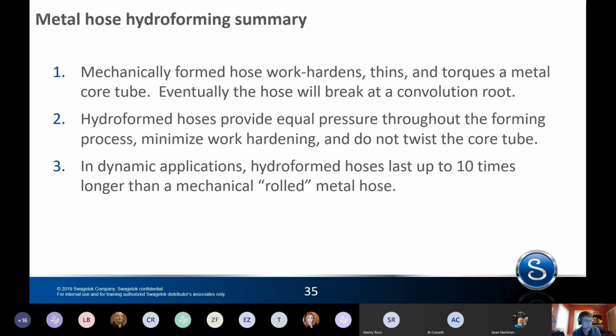If a hose is not going to move at all in the application, then mechanically forming is probably okay. If a hose is going to be moved and handled and maybe see vibration, then a mechanically formed hose will fail very, very quickly, and a hydroformed hose is always recommended. So again, always know how the hose is made when selecting a metal core hose as well.